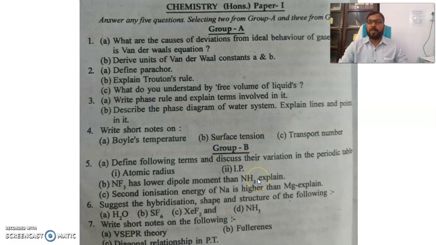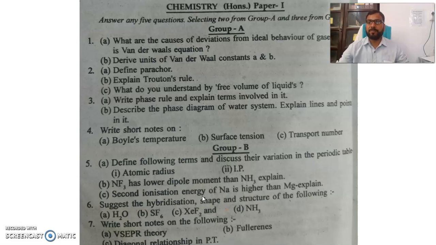Now in paper 1, group B belongs to inorganic chemistry. So question number 5: define the following terms and discuss their variation in the periodic table, like atomic radius and I. B. NF3 has lower dipole moment than NH3. Explain. Then second ionization energy of sodium is higher than magnesium.